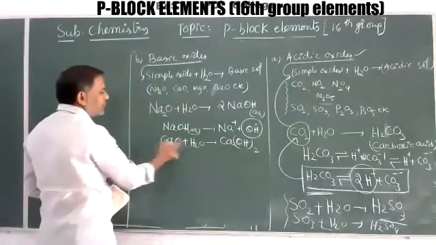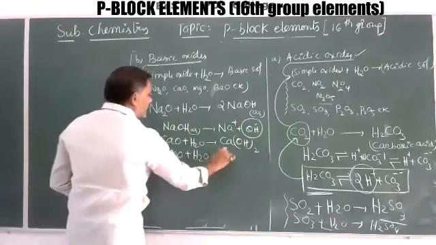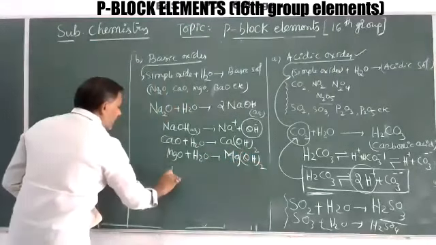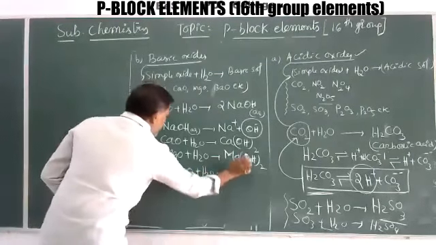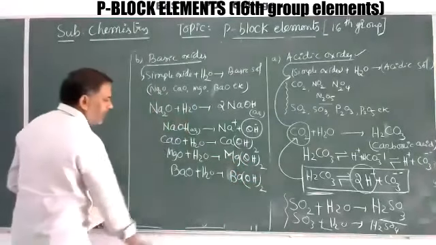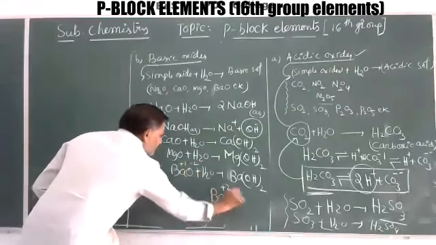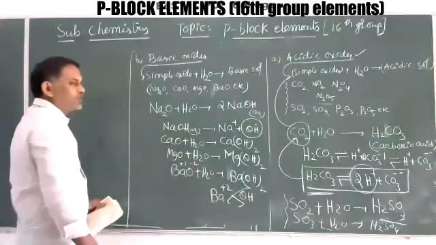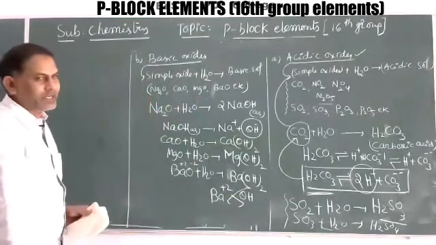Magnesium oxide reacts with water and gives magnesium hydroxide, Mg(OH)2. Barium oxide reacts with water and gives barium hydroxide, Ba(OH)2, because barium is plus 2 and OH is minus 1, by the crisscross method we get Ba(OH)2. These are some acidic oxides, these are some basic oxides.